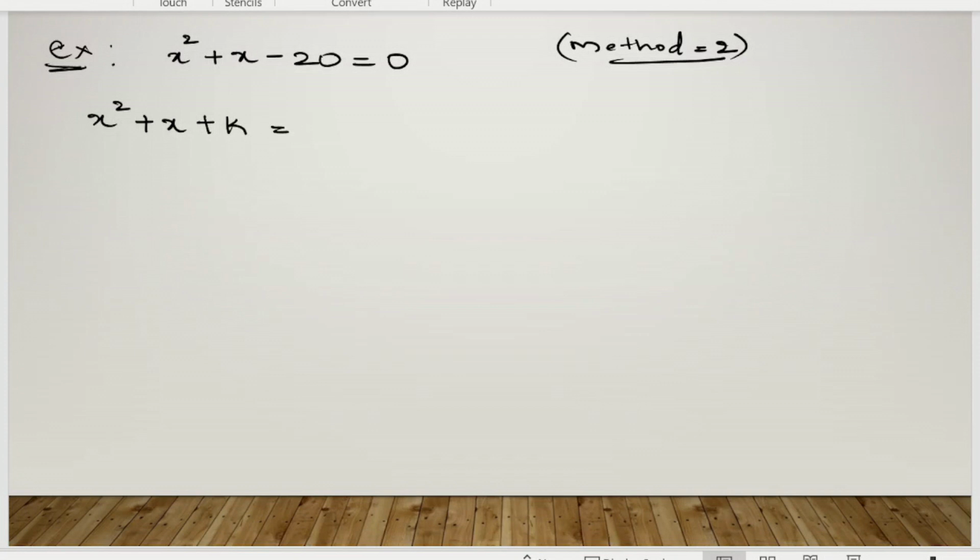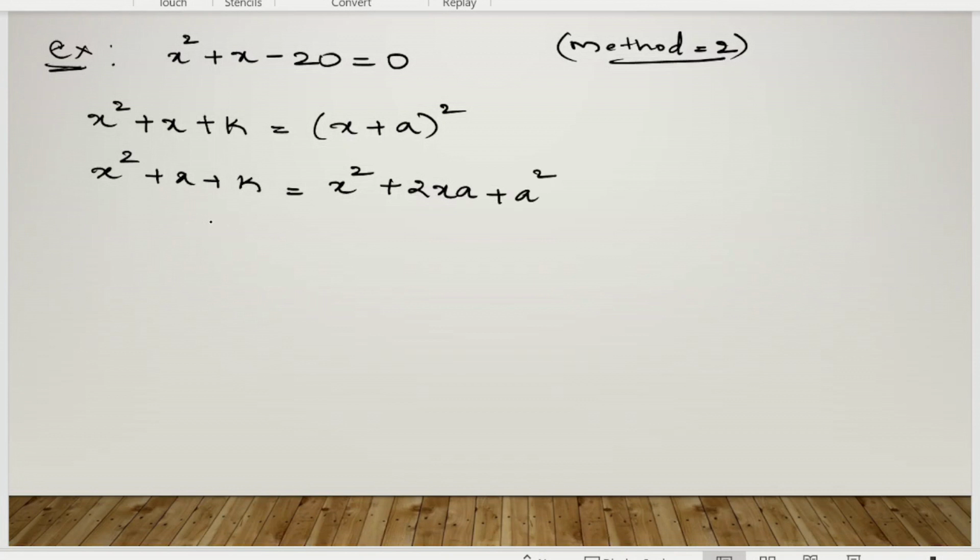We will take the identity (x plus a) whole square, which I am just writing as x square plus 2xa plus a square.